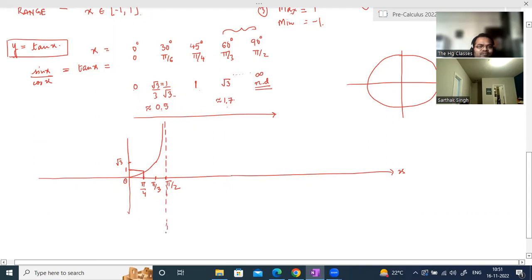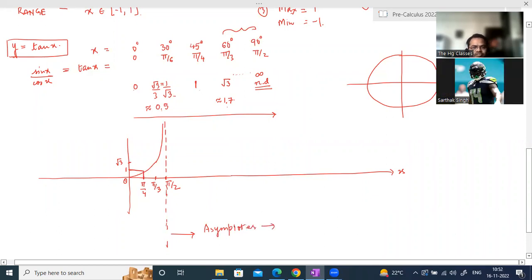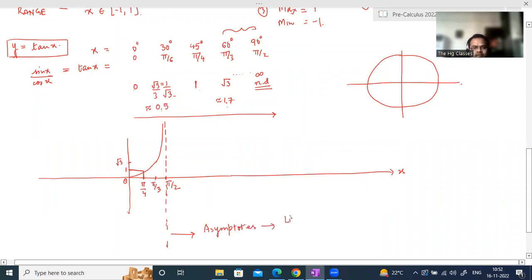Asymptote, right? Asymptote, very good. So such lines are known as asymptotes. What is the actual definition of an asymptote? It's like the boundary line where the function will never cross it. Like, the line will become a tangent.